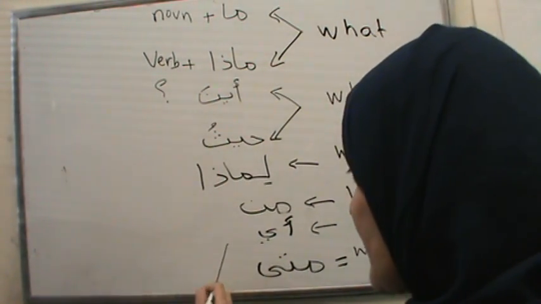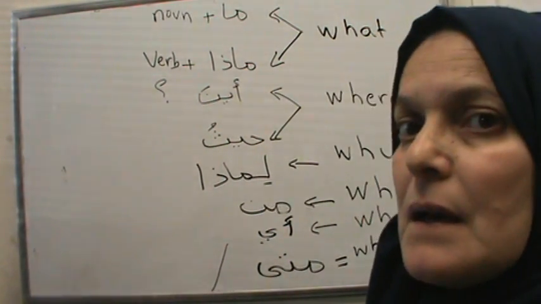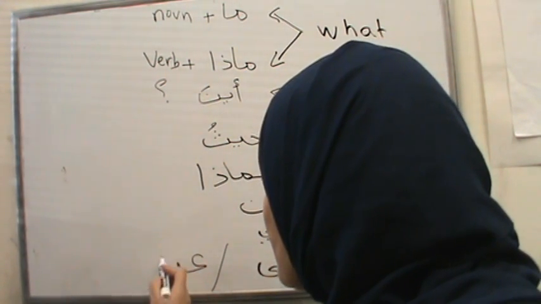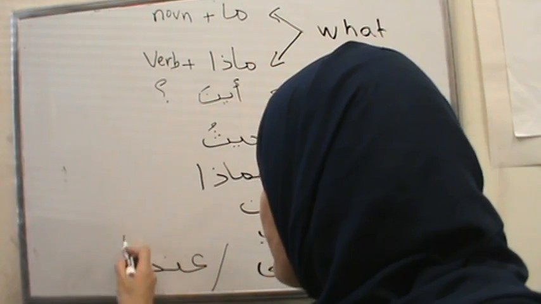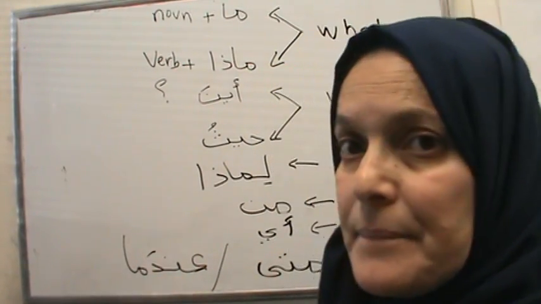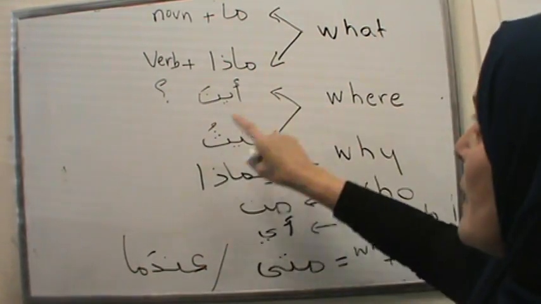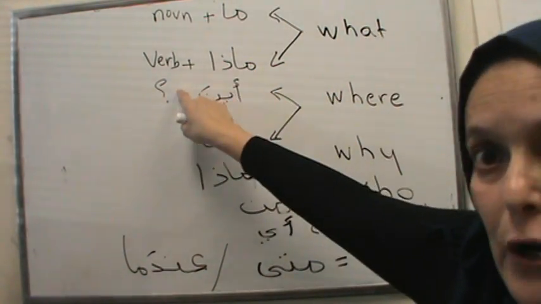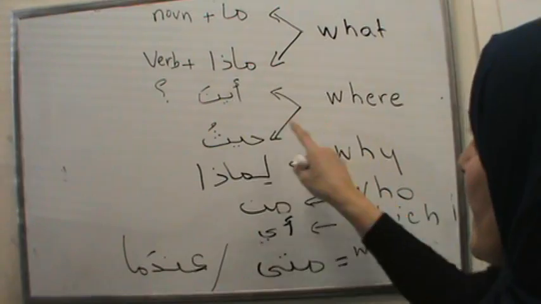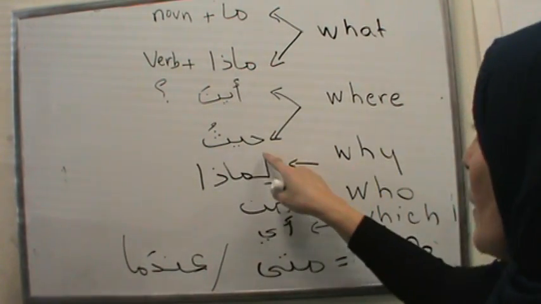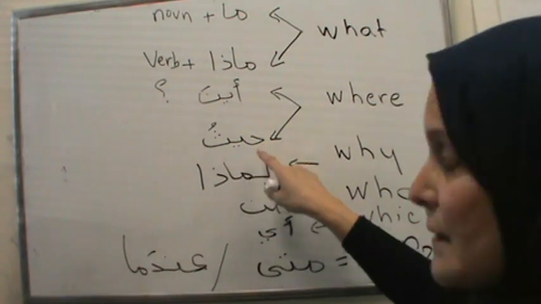And the other one with a statement is عندما. Again, what? ما plus noun. ماذا plus verb. Where? أين plus questions. حيث plus statement.